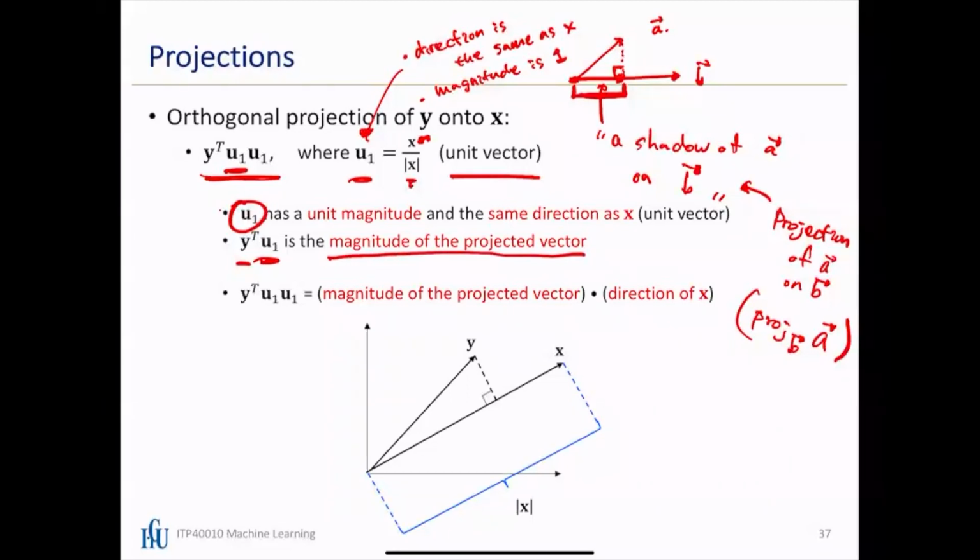And at the end of the day, we want to multiply the magnitude of the projected vector, so this is y transpose u1, by the direction of x, which is u1. So this is going to be the projection vector, the projection of y on vector x.